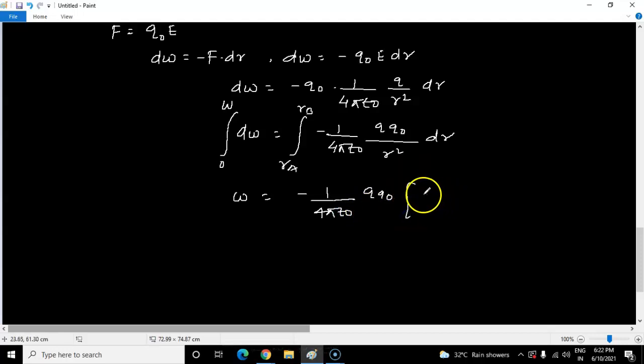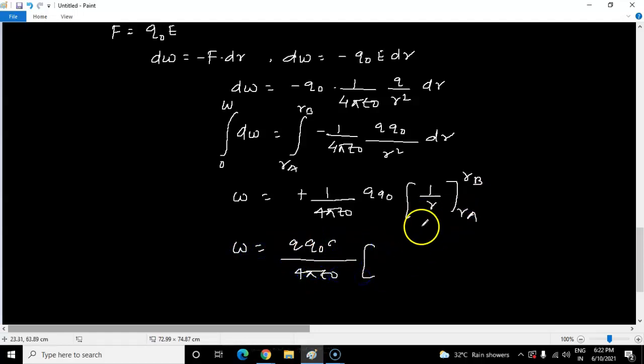The integration of 1 by R squared is minus 1 by R, so it becomes plus 1 by R from RA to RB. So W is equal to Q into Q naught by 4 pi epsilon naught. If you put upper minus lower, I will get 1 by RB minus 1 by RA.